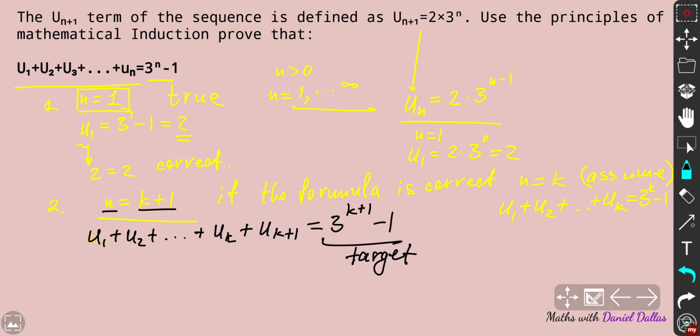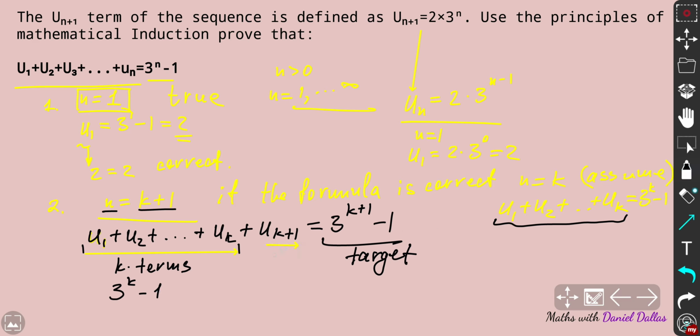All right, so you clearly see that we've got the sum of the first k terms. So that's going to be the sum of the first k terms in our sequence. But we already have this, right? So this part will give us, according to the formula, because the assumption is correct for n equals k, 3 to the power k minus 1. And also we've got another one.